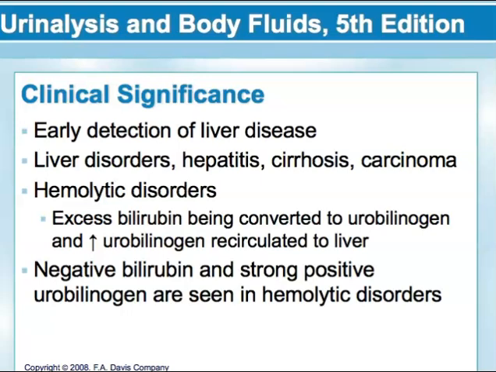Jaundice associated with hemolytic disorders is the result of increased amounts of unconjugated bilirubin. The unconjugated bilirubin goes to the liver for conjugation, which causes an increase in the amount of conjugated bilirubin going to the intestines.